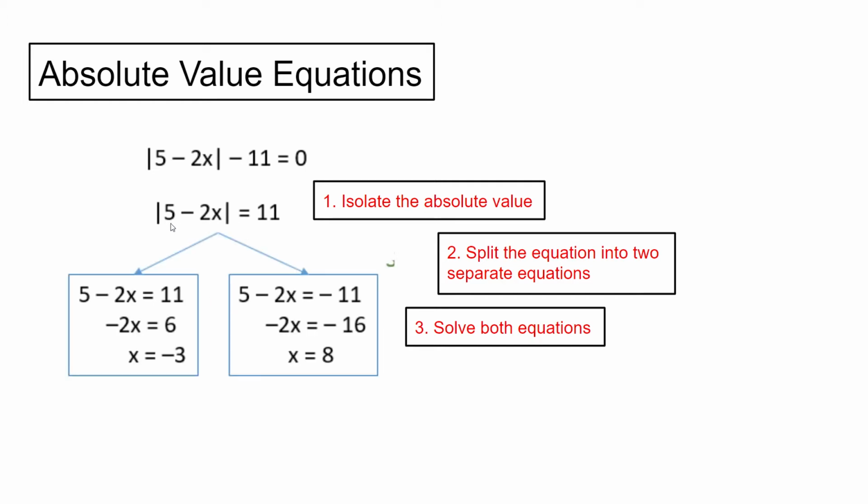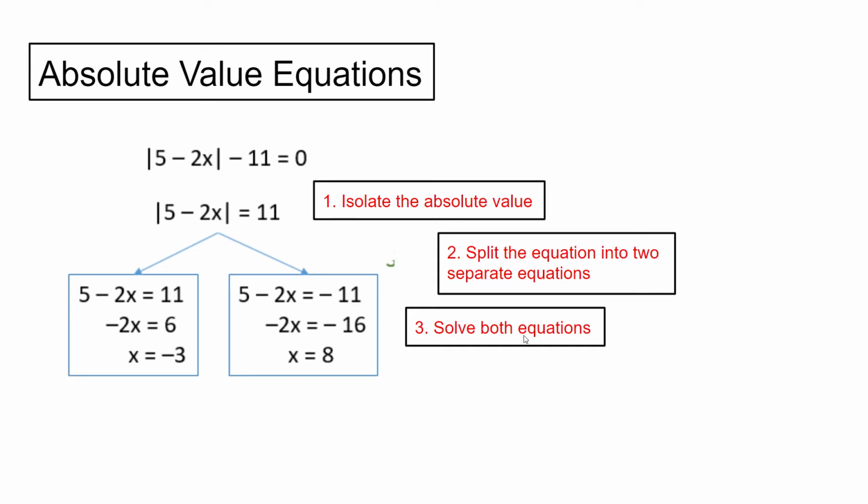When doing this, we will keep the equation the same on this side, and on the other, we will make the right side negative. So the equation will be 5 minus 2x equals 11, and the other will be 5 minus 2x equals negative 11.